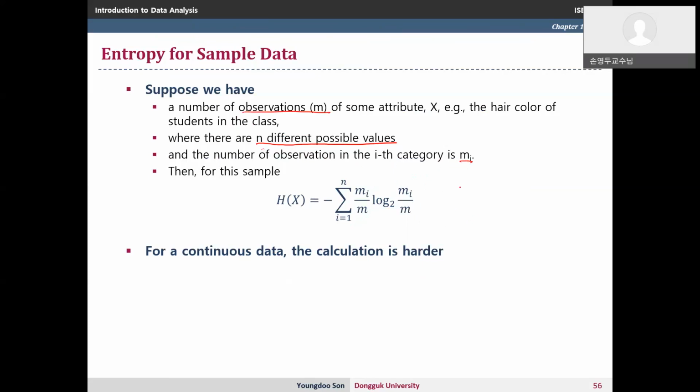Then p_i can be approximated from the sample. It's m_i over m. So this m_i over m is put into p_i, so we can get the entropy from the sample. It is very easy to calculate for discrete data. However, for continuous data, this calculation may be harder.